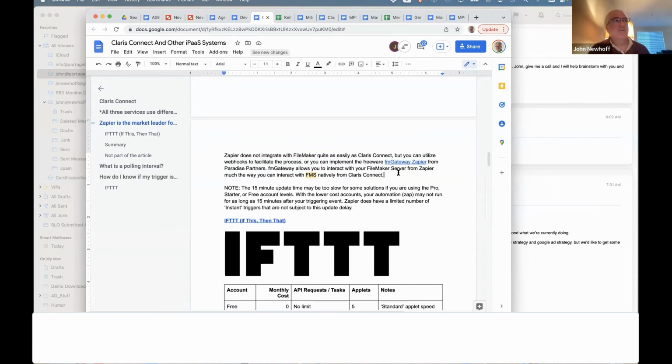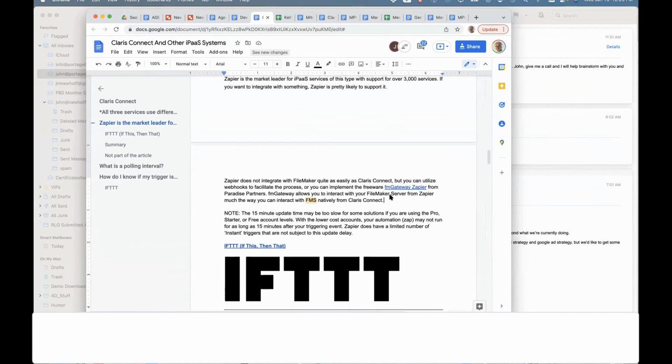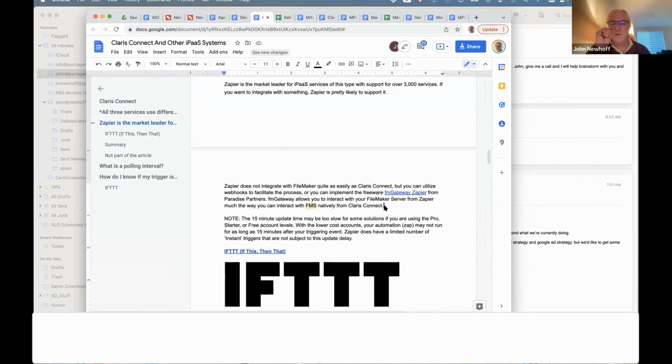For our own purposes, I wouldn't entirely rule out a workflow that involved both Zapier and Connect. There's no reason not to do something like that, if you've got accounts in both systems and for some reason you want to deal with something in Zapier for one thing and Connect for something different.